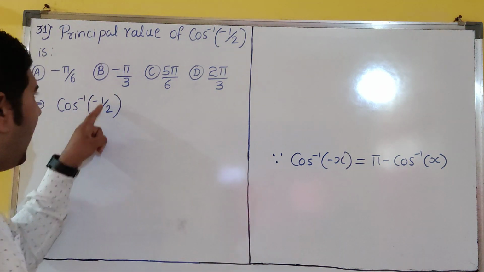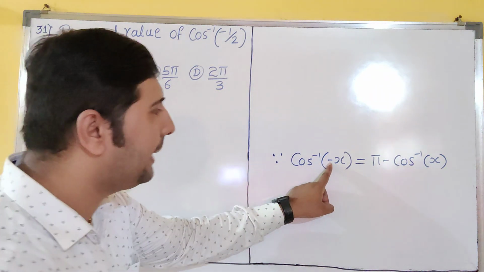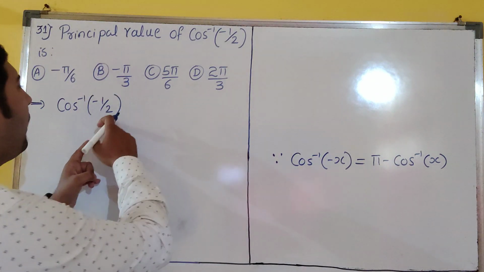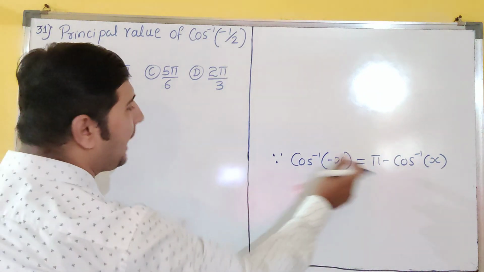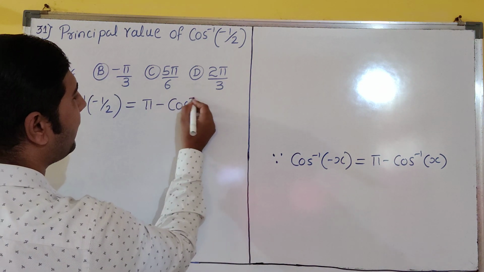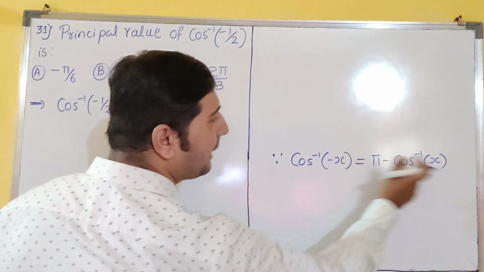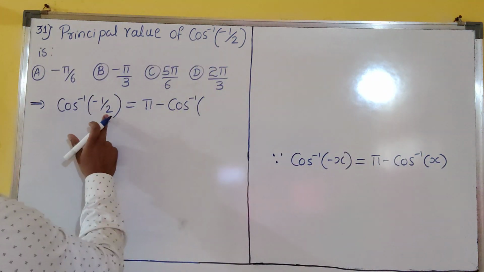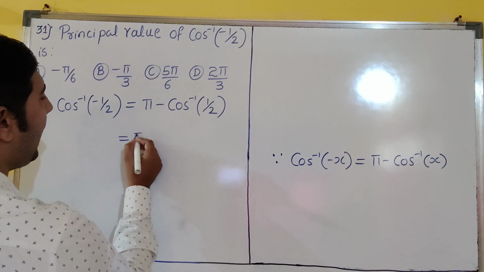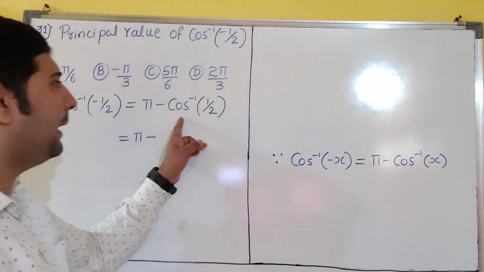So cos inverse of minus 1 by 2. Here x means 1 by 2, dear students, and the minus is as it is. So I can write it as pi minus cos inverse of x, that is, pi minus cos inverse 1 by 2.